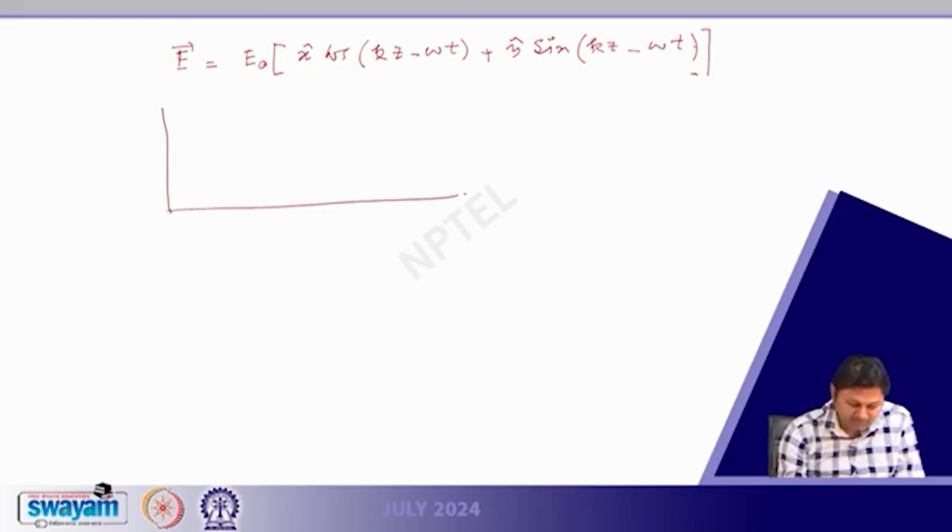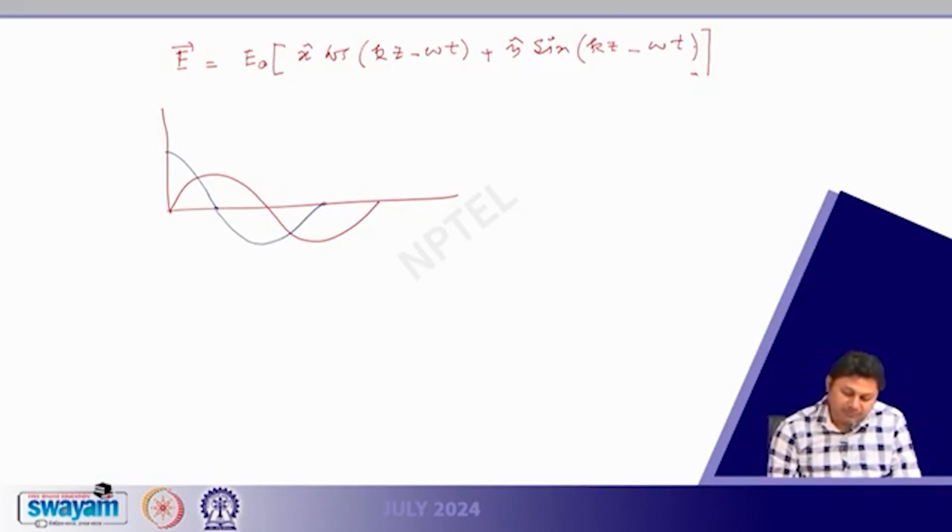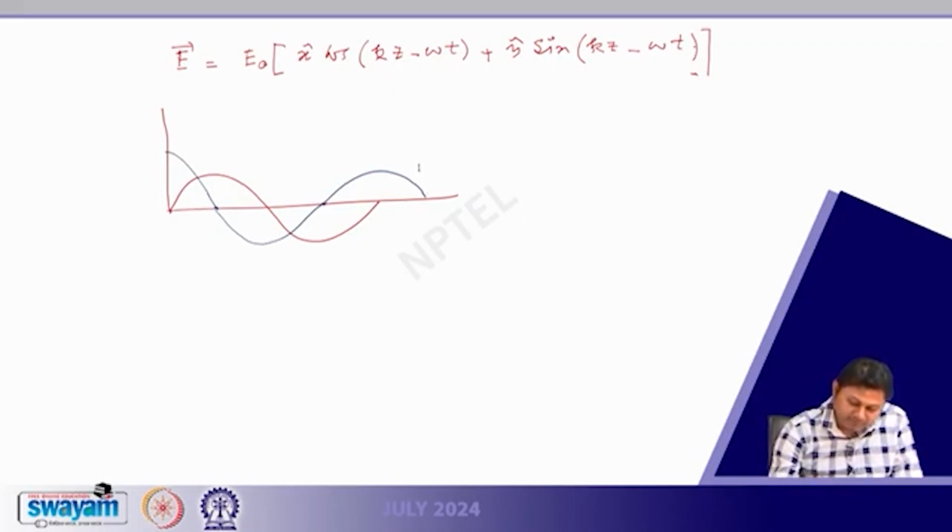So, if I draw these things together, then for Ey it starts from sine. So, I will get a sine function like this, but for cos it comes from the maxima and it will be 0 here, it goes to maxima here at this point, it goes to 0 here. So, this is a cos function.